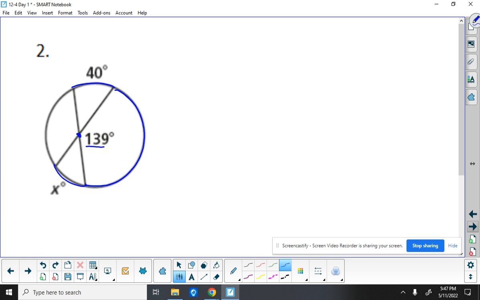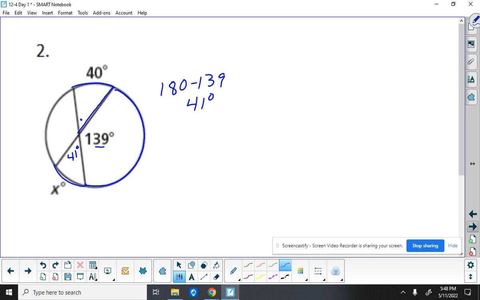All right. What we need is an angle in here, or an angle right there. Those will be the same. All right, and so here's what I know. This line is 180. So if I take 180 minus 139, which gives us 41 degrees, that's going to be the angle measurement right here.